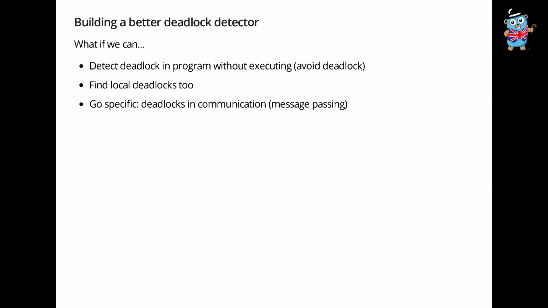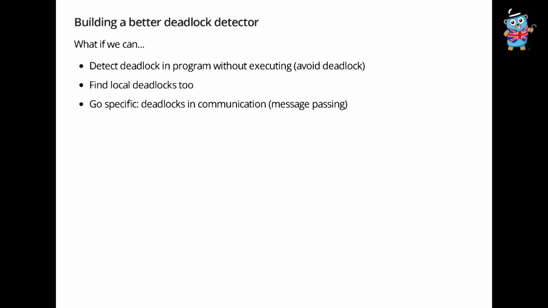And if we can find local deadlocks as well, it will be really nice because that's what real deadlocks look like. And of course, we wanted it to be Go-specific. Most deadlock detection in other programming languages is based on locks and threads, and it's not quite the same as communication, even though you may say it's kind of equivalent. But we want it to be Go-specific.